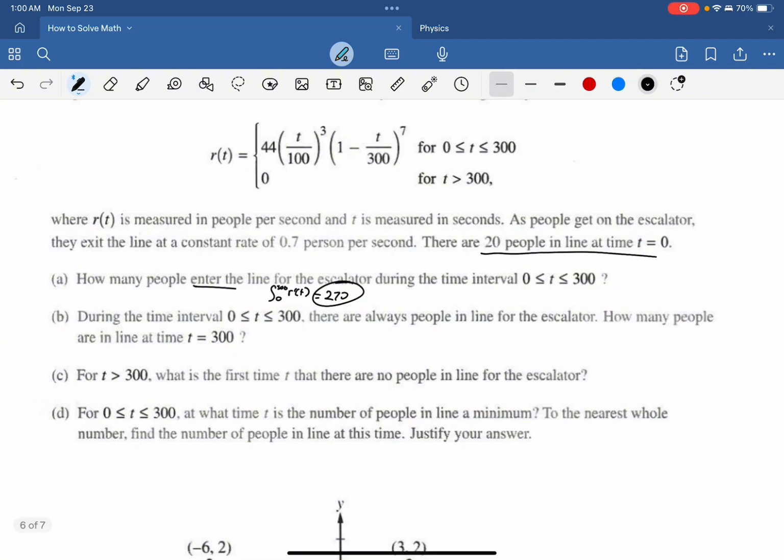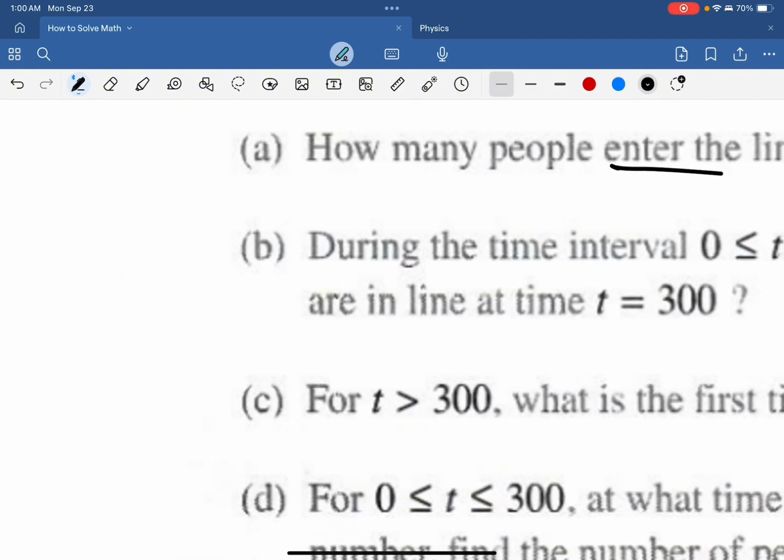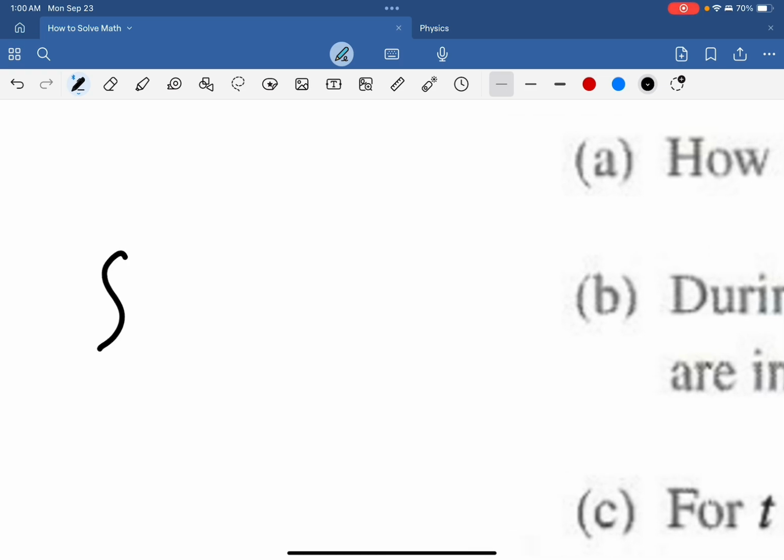Now, you can just easily add 20 to 270, but if you want to understand, let me write this over here. The integral of 0 to 300 of r prime of t is the same as... actually, wait, sorry, this isn't r prime of t, my mistake.